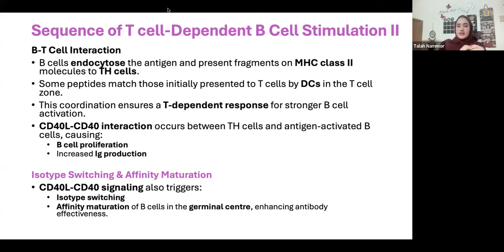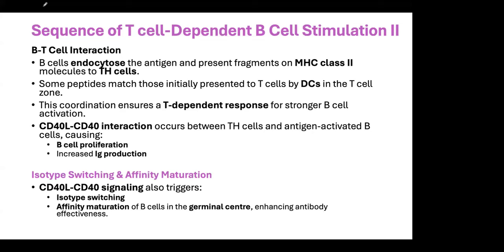And this is more of affinity maturation, but the isotype switching is similar to what you said. We're trying to change them from IgM to IgG. Exactly. And what was said is right, because IgG is more specific. IgM is more of a first line defense.